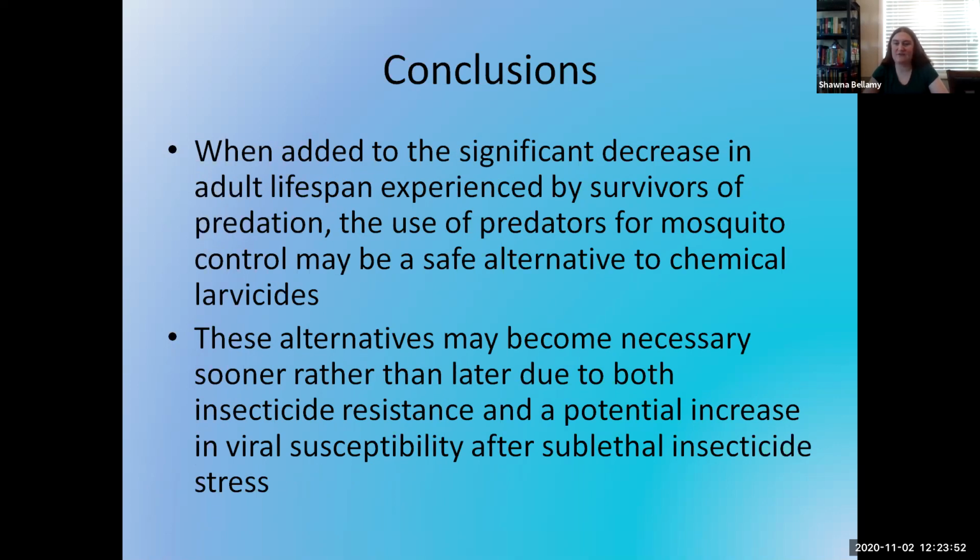And these alternatives may become necessary sooner rather than later, considering we've seen more and more insecticide resistance, and there's also a potential increase in viral susceptibility after sublethal insecticide stress.